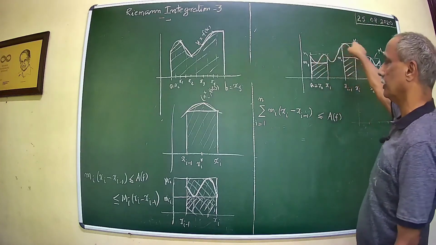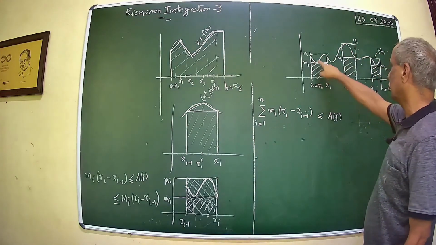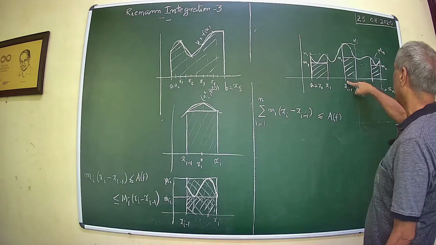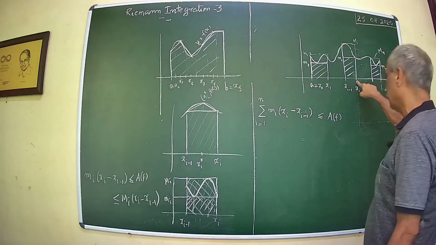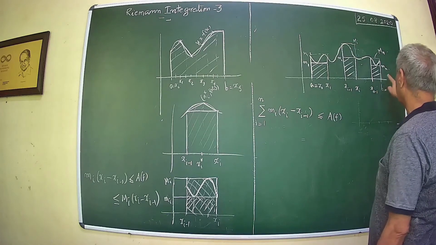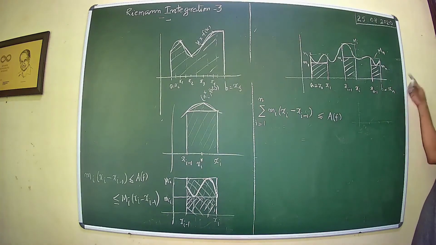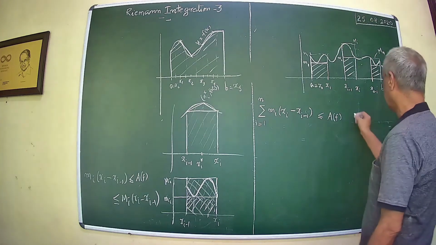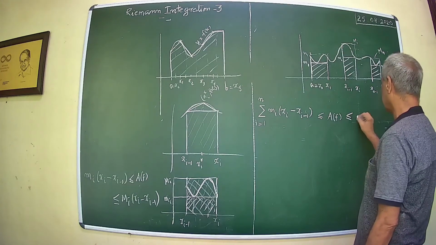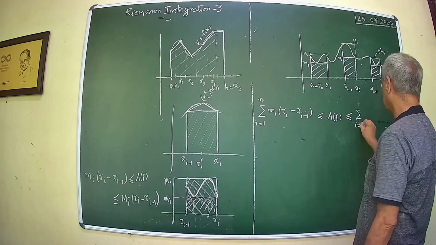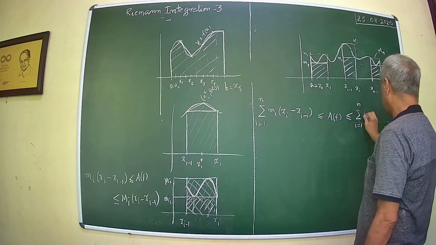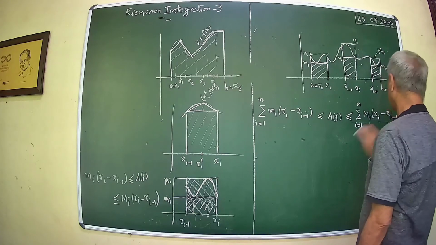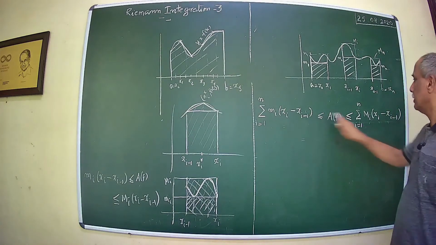So I have a sort of step function which is equal to capital M1 on the interval a to x1, and equal to Mi on the interval xi minus 1 to xi, and on the interval xn minus 1 to b it is Mn. So I have a step function, and for that step function, if I compute the area, this is what I get: sigma i equal to 1 to n of capital Mi times xi minus xi minus 1. So you see that the area is squeezed between these two.